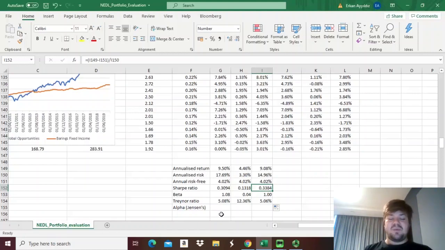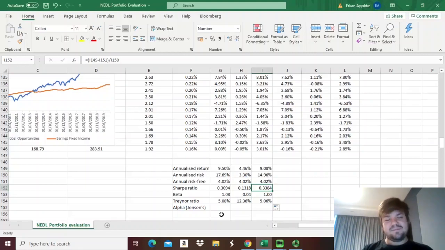And the final measure that we will talk about today is Jensen's Alpha, or as it is commonly known, simply Alpha. A lot of funds or investment companies have Alpha in their name because Alpha is what they're looking for, the ultimate risk-adjusted return.